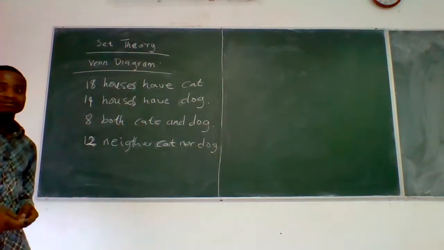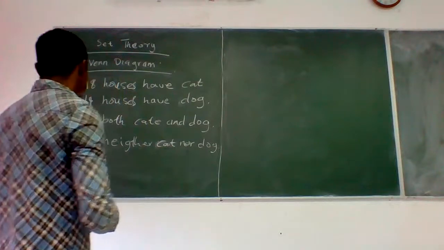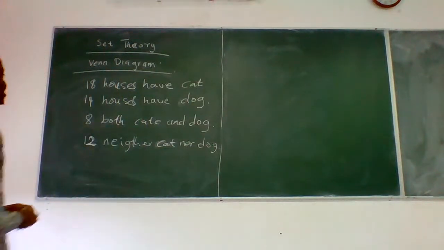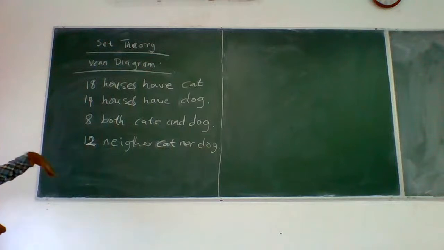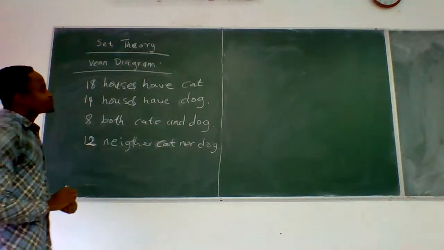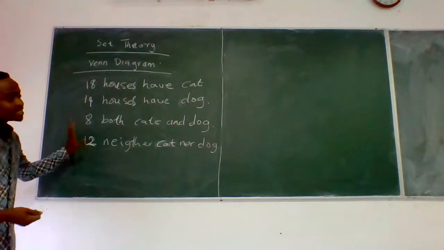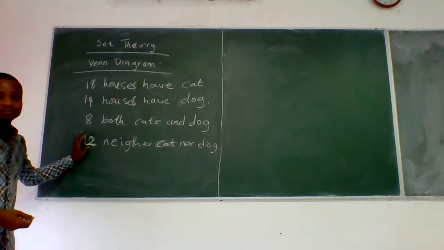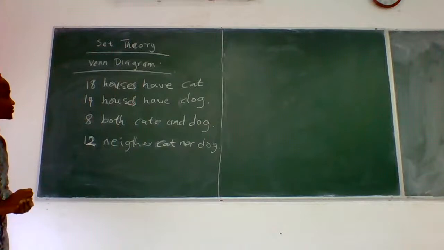So this is a problem that we are facing. We now want to solve how many houses do we have, how many pets in all, those kinds of questions. But before we do that, we try to write this in a mathematical way so that we can easily solve it.